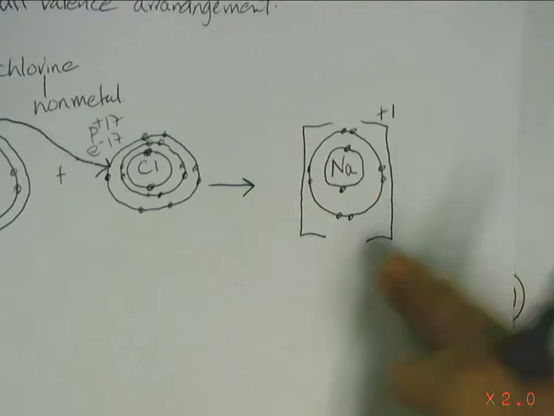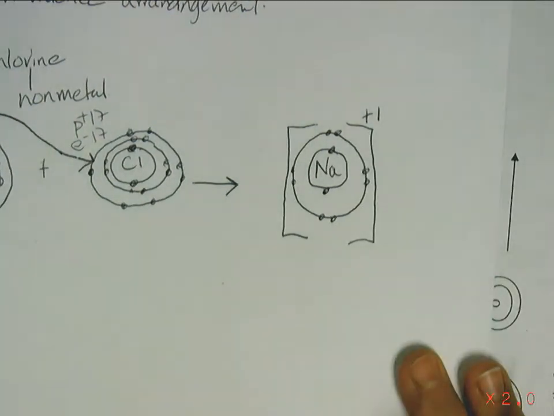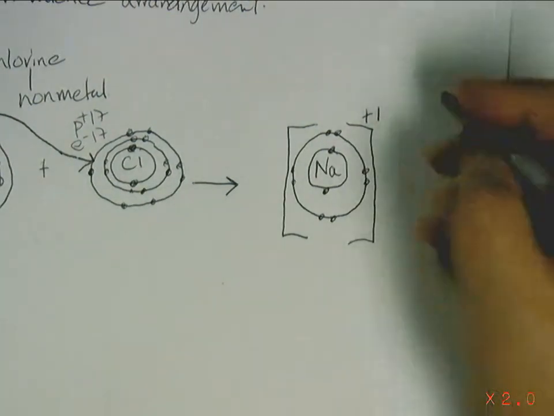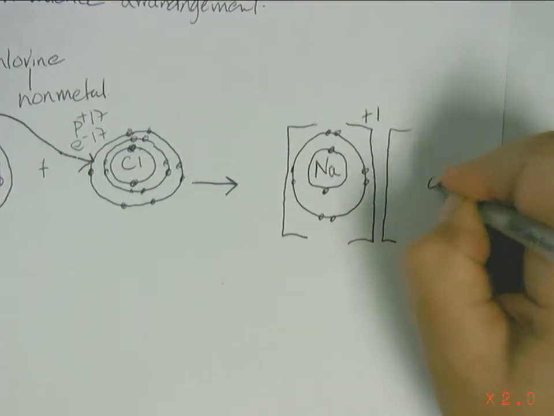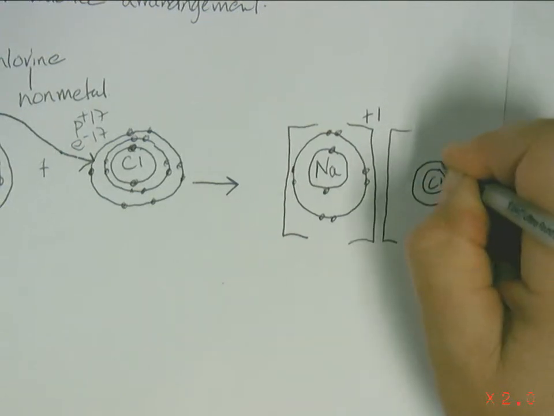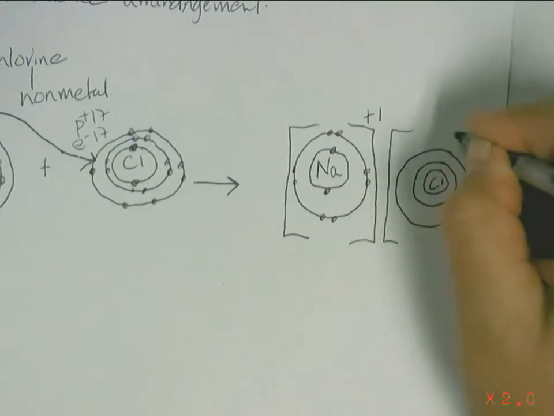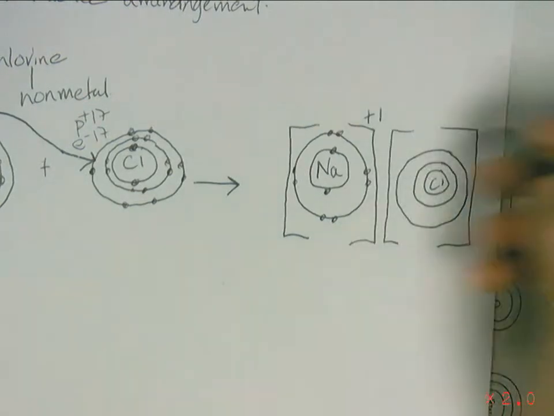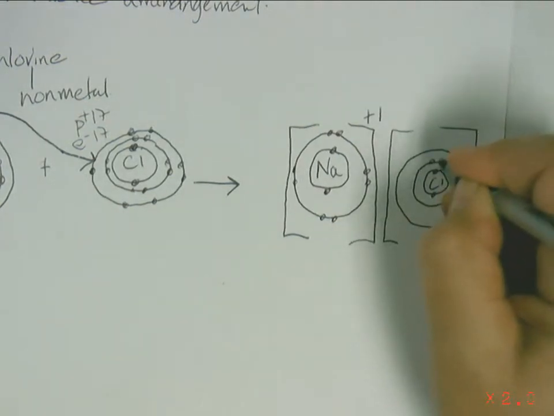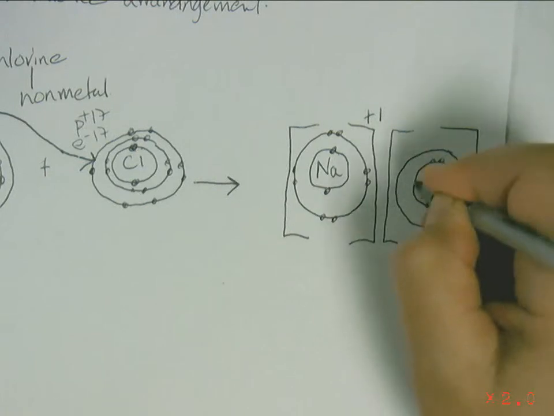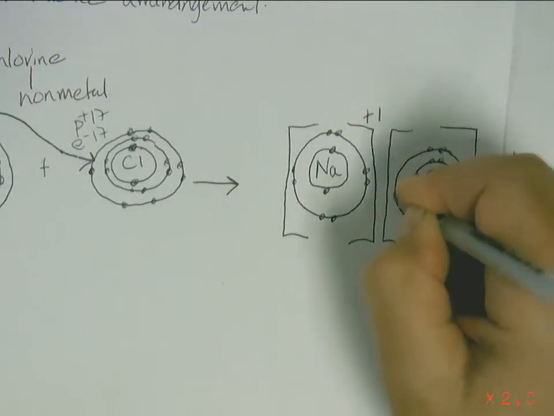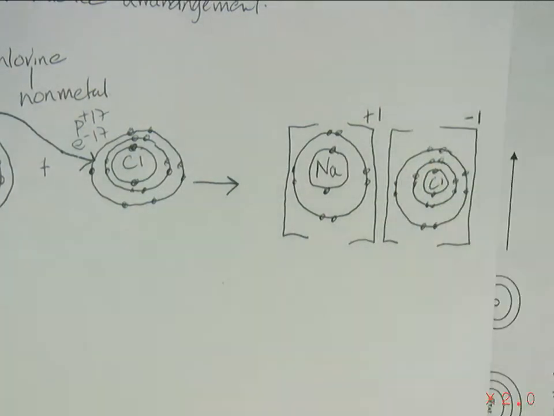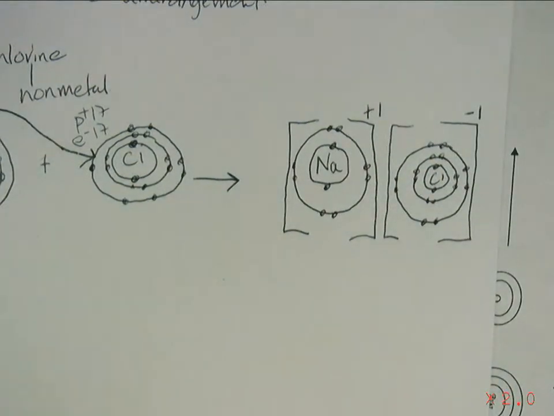And we show that with brackets and write the charge up there. Chlorine gains an electron. So it has a complete valence shell now and has an overall charge. So that's how you draw a Bohr diagram of an ionic compound.